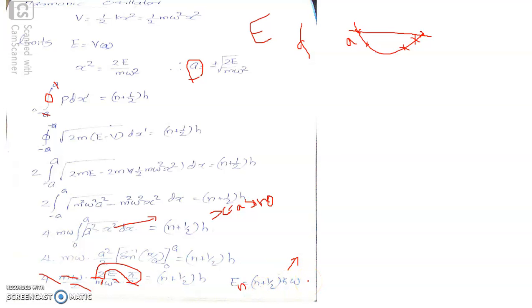So WKB could be effectively applied in the case of the linear harmonic oscillator problem, and we have obtained the result that is purely a quantum mechanical result, though we have seen it several times. With that, let me conclude our discussion on bound state.